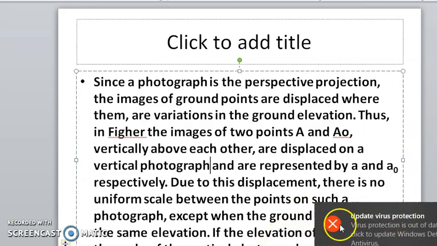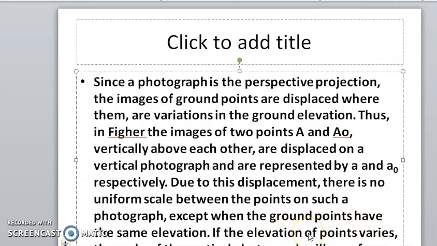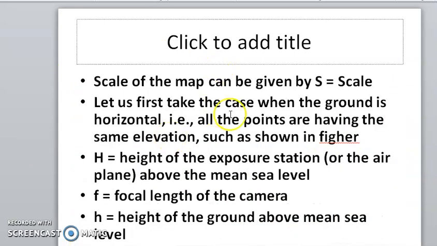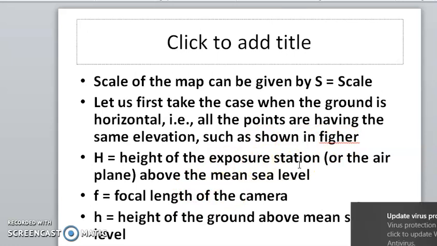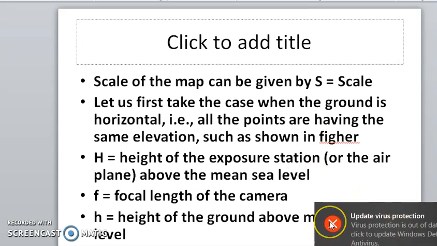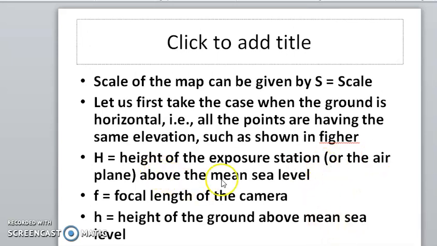If the elevation of two points varies, next, the scale of the map can be given as S. Let us first take the case where the ground is horizontal, that is, all the points having the same elevation, as shown in the figure. Big H is the height of the exposure station, the height of the airplane above mean sea level.